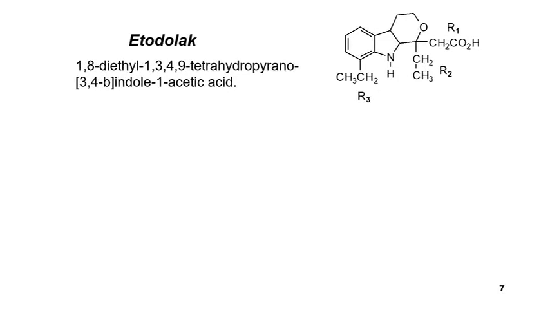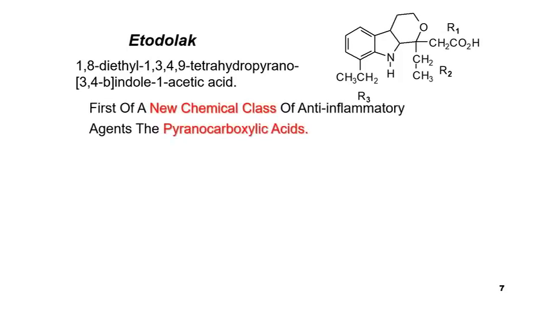Etodolac is another example of indole-1-acetic acid derivatives. How? It includes, in addition to the indole acetic acid, a pyrano ring fusion that is located between the indole and acetic acid residue. This class of drugs is known as pyranocarboxylates.